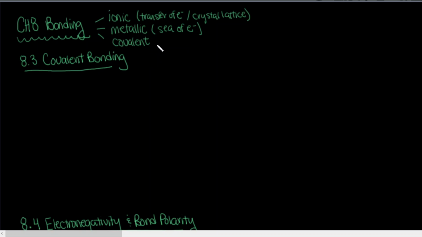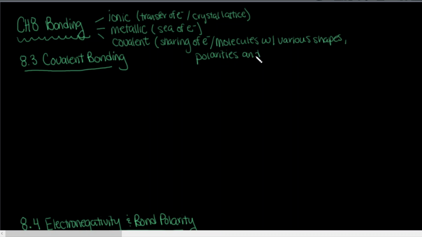What we're going to talk about today is covalent bonding, and you guys already know that covalent bonding is a sharing of electrons. And what you end up with are molecules with various shapes, polarities, and properties.